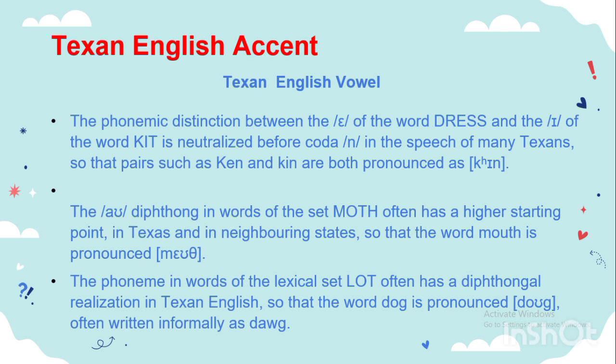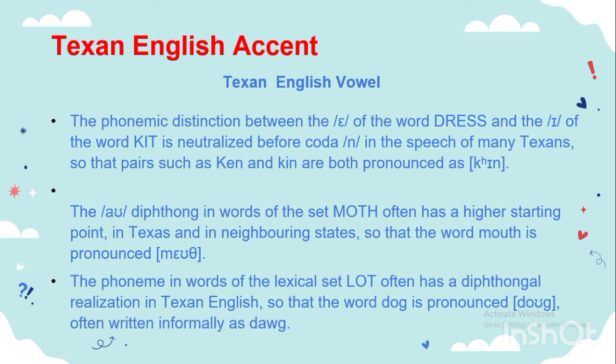The E phoneme in words of the lexical set DRESS also undergoes diphthongization to A before the phonemes sh, j, and ng, so that the word special pronounced this way sounds just like the word spatial.